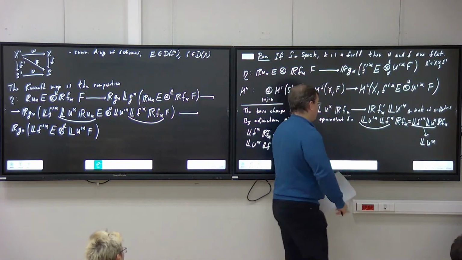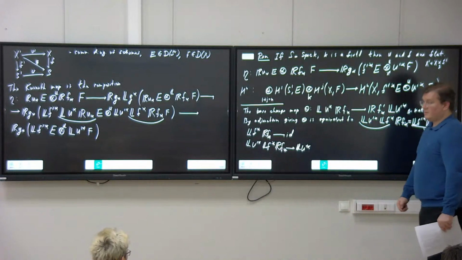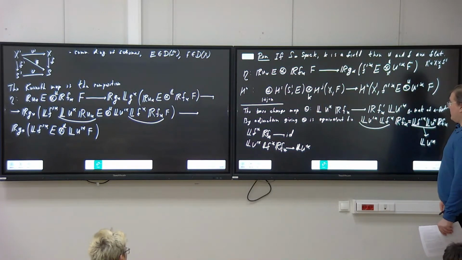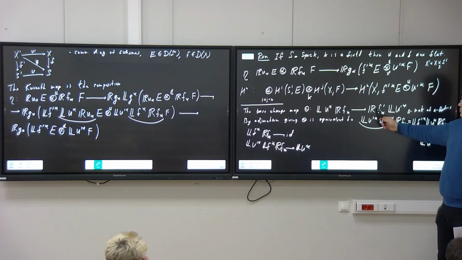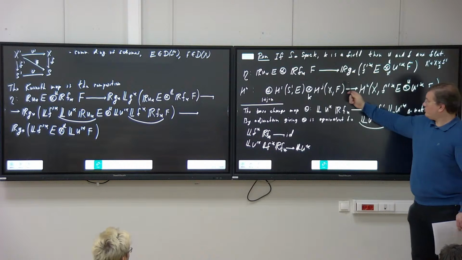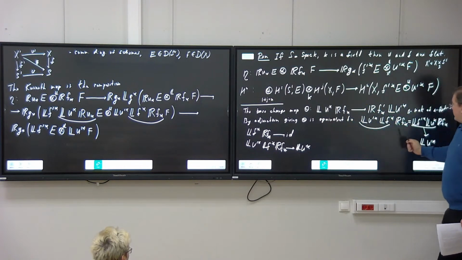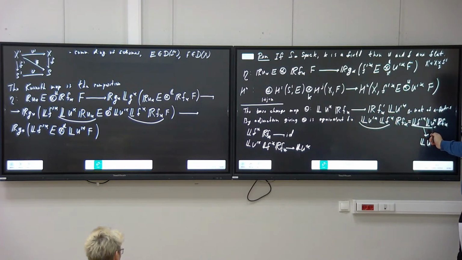So how do we produce the theta from it? By the adjunction, if you want to produce a map like this, you take this functor and by adjunction you put it here, but with the upper star. This is what I have here. To produce this map, I need to produce this map, but that's the same as this thing.